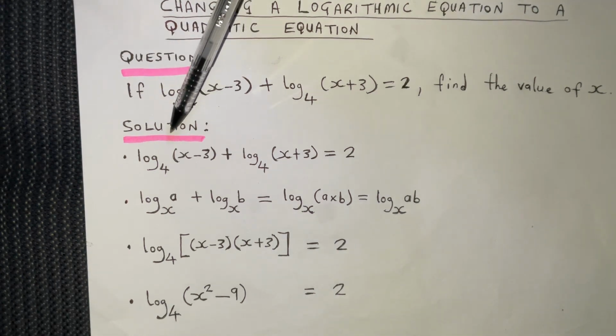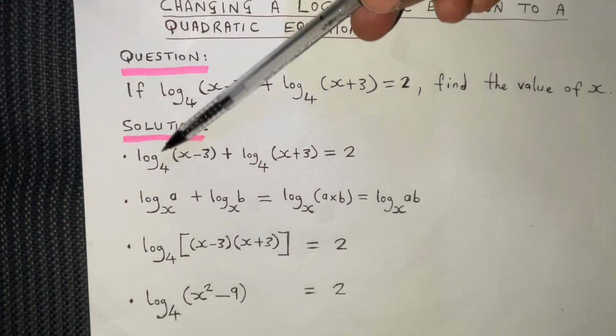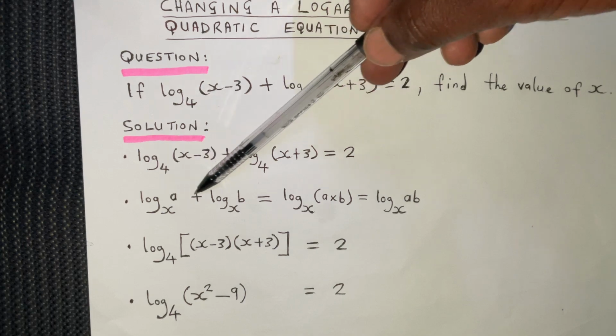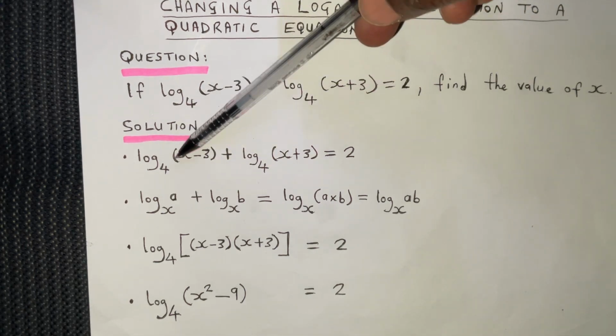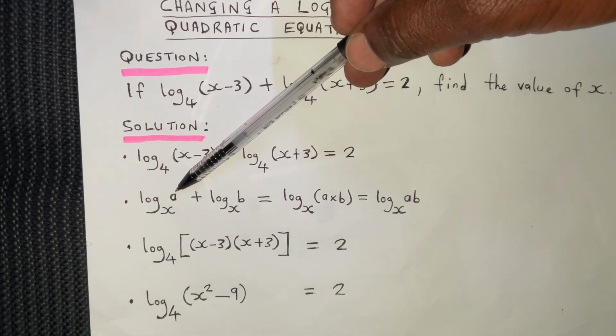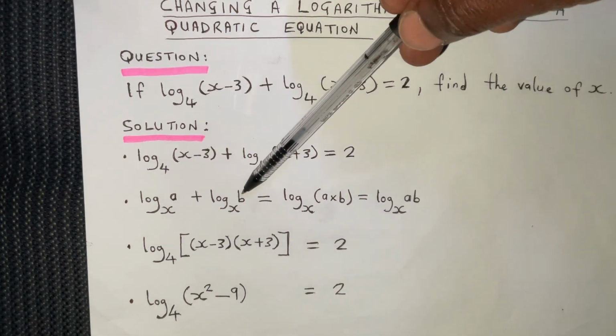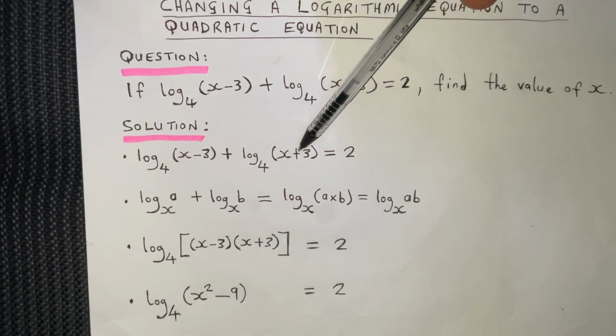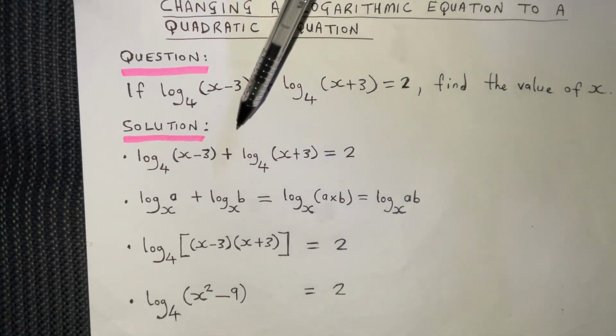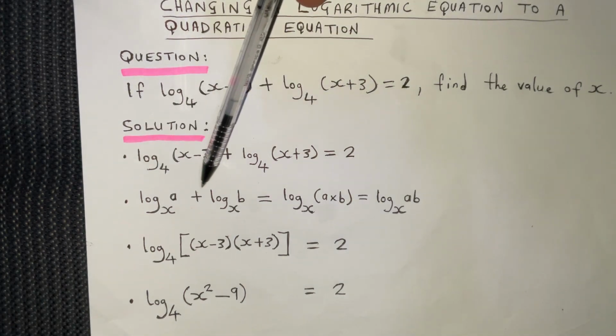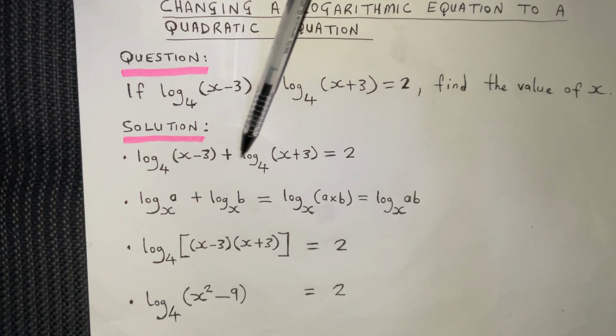For example, I want to compare this to this one. My a here is x minus 3. My b here is x plus 3. Okay, so I want to apply this rule on this left hand side of the equation.